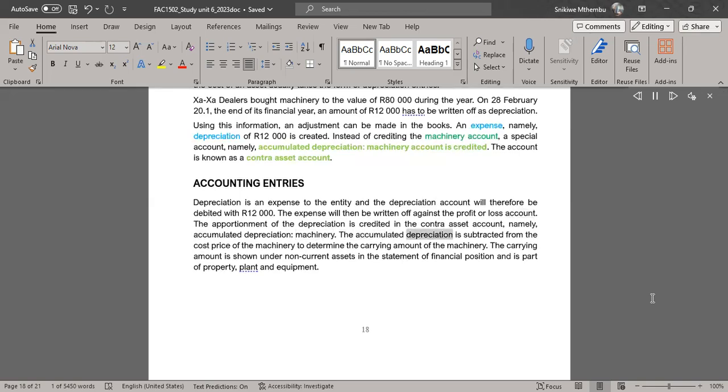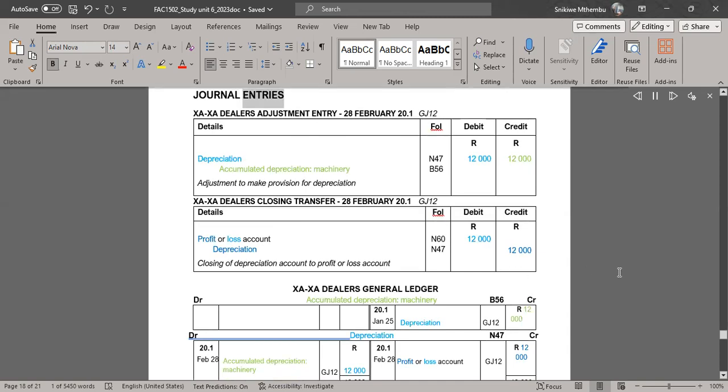The accumulated depreciation is subtracted from the cost price of the machinery to determine the carrying amount of the machinery. The carrying amount is shown under non-current assets in the statement of financial position and is part of property, plant and equipment. Journal entries.